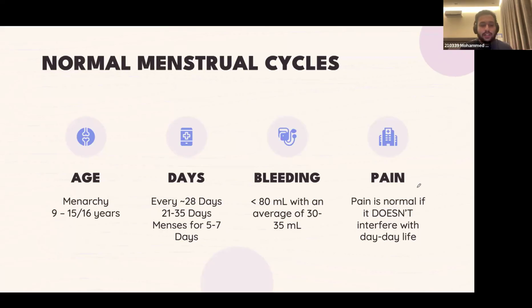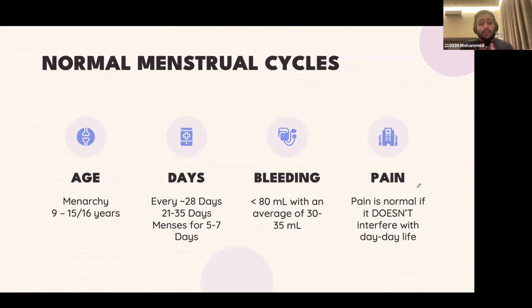So you have a range, 9 to 15. If it's below 9, it's pathological. If it's above 15 to 16 years of age, it's pathological. So if you have before 9, this is something, for example, precocious puberty, okay? If it's above 15 to 16, this is amenorrhea, okay? The patient still does not have menses, okay? So this is amenorrhea. Then we explore the causes of that, okay? Remember the age, 9 to 15 to 16. Then we have the number of days.